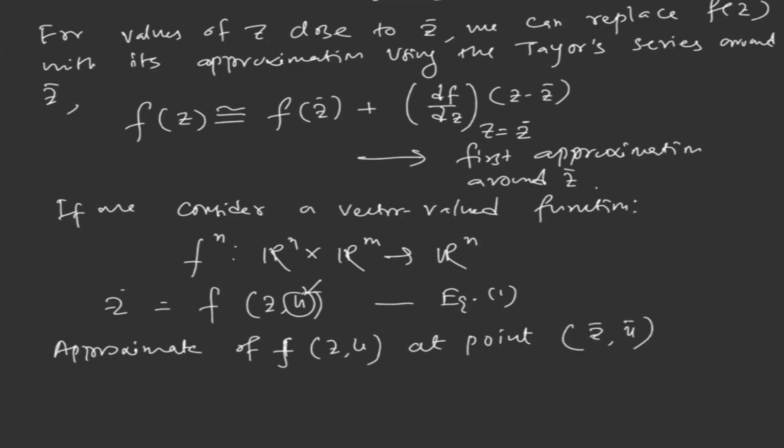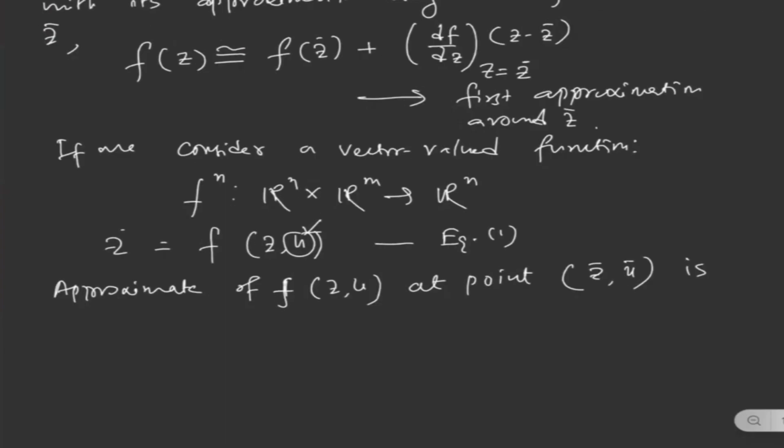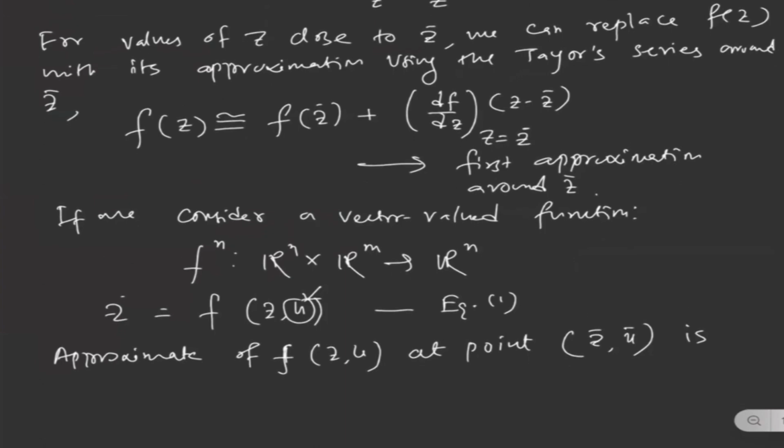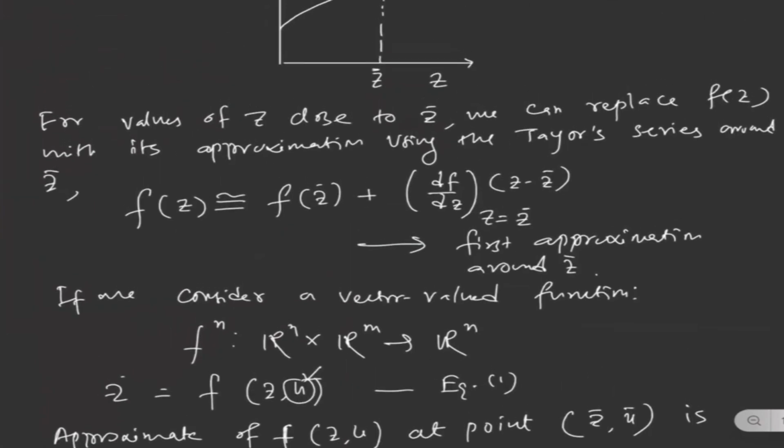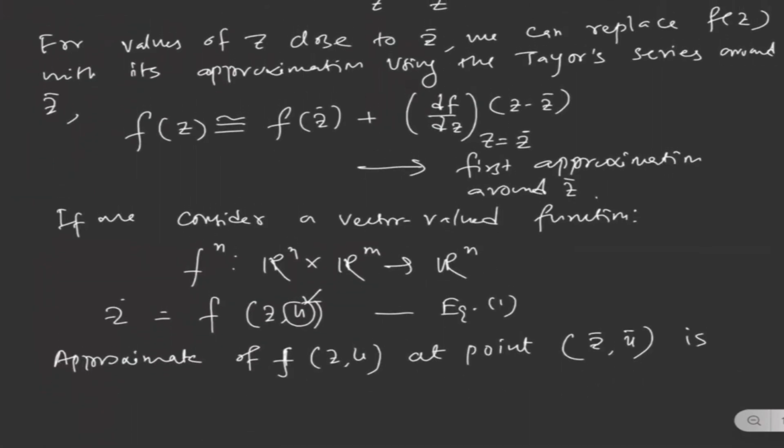This is basically an equilibrium point, some fixed point. In the previous case, we had only f(z). Now we have f(z, u). So there are two different variables, and there can be two different equilibrium points.